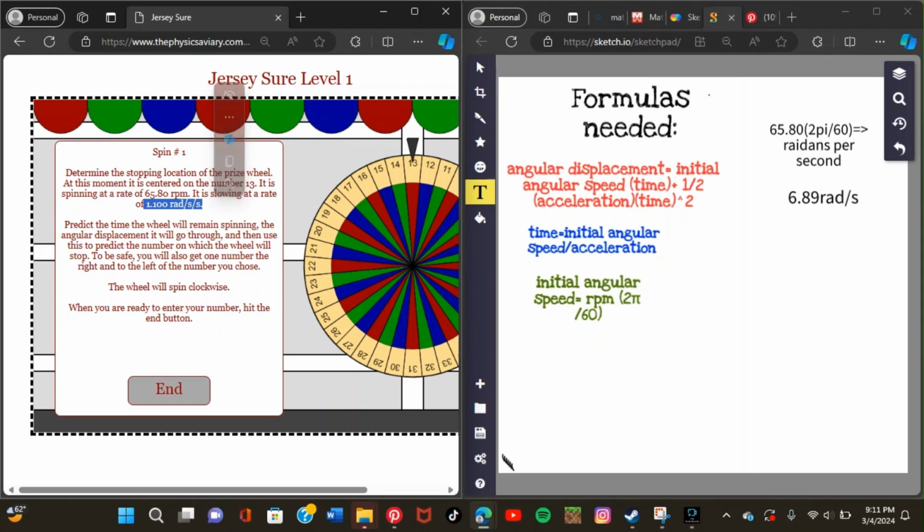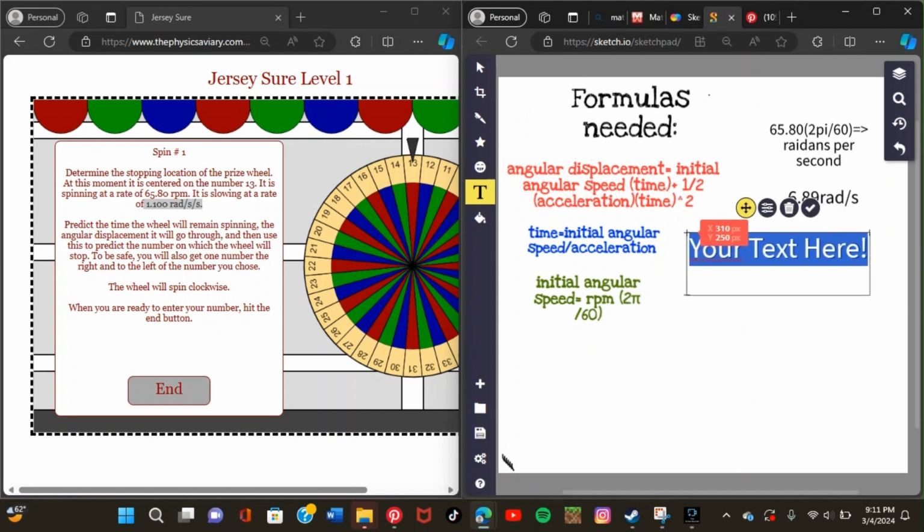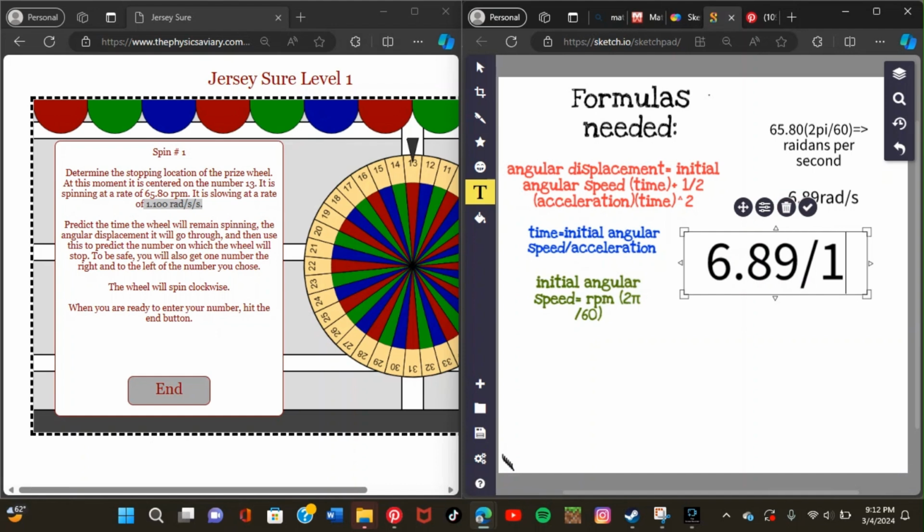And one thing to note later on is that when we put acceleration into the angular displacement formula, the acceleration has to be negative, but for this it doesn't have to be negative. So we would get what we got previously, 6.89 over 1.1.